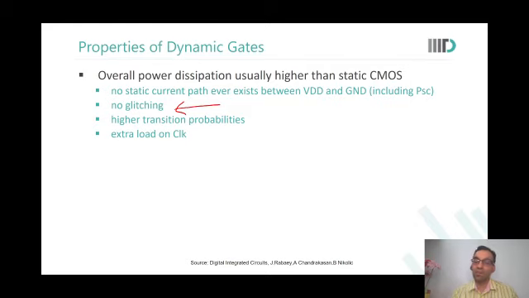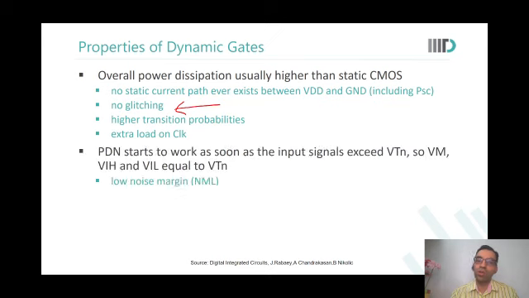So that is another reason why overall power of a dynamic logic system is very, very high. One is the additional toggling on the inputs, higher transition probabilities, but extra load on clock is also there. Then the pull down network starts to work as soon as the input signals exceed VTN.